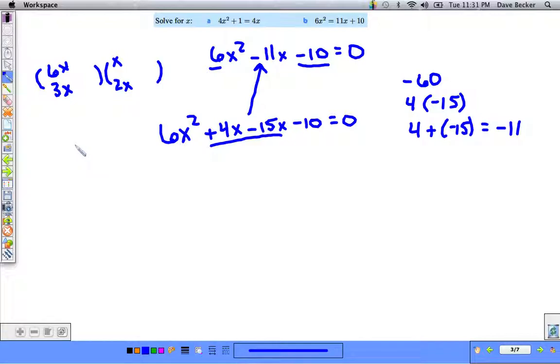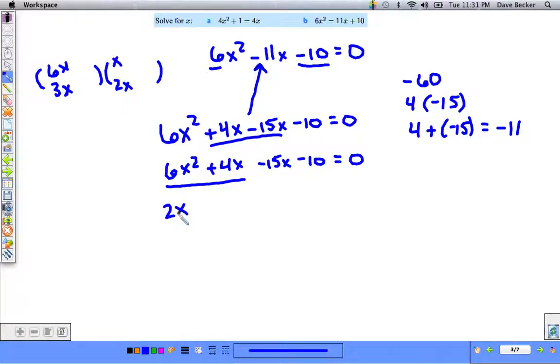Okay, so, why did I do that? Well, let me just rewrite that real quick. 6x squared plus 4x minus 15x minus 10 equals 0. Now I'm going to look at these first two terms and see what they have in common.